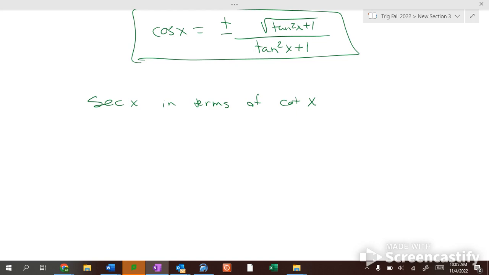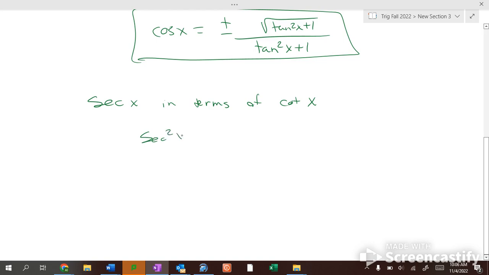No. So, should I change secant to something else or cotangent to something else to match up with a Pythagorean identity? Well, what's my Pythagorean identity with secant in it? Tangent, right? So I have secant and tangent together. I can change cotangent to tangent pretty easy. What's my Pythagorean identity with cotangent in it? Cosecant. Can I change secant into cosecant easily? Not really.